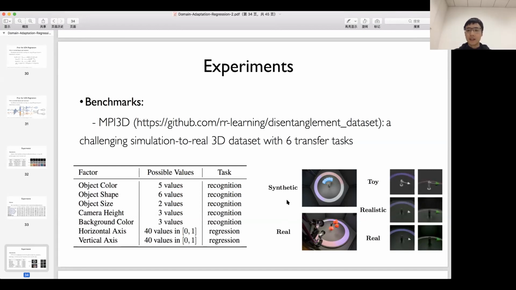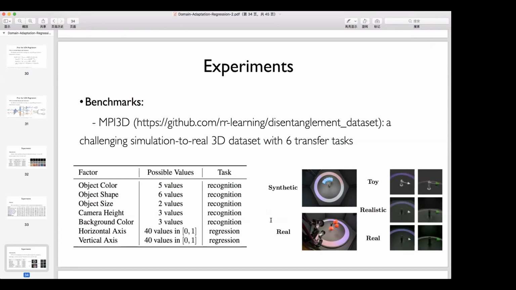Synthetic to real means that we have labeled data from synthetic pictures, and we have unlabeled data from real pictures. We want to train a model which can work in the real domain. Right, so it's simulation to real. So Q is the synthetic and P is the real.